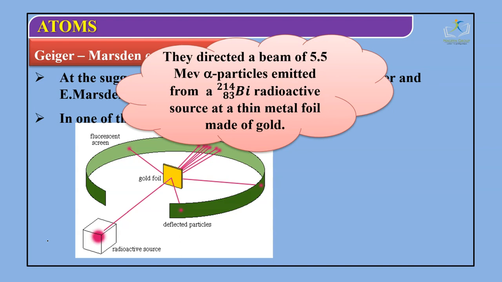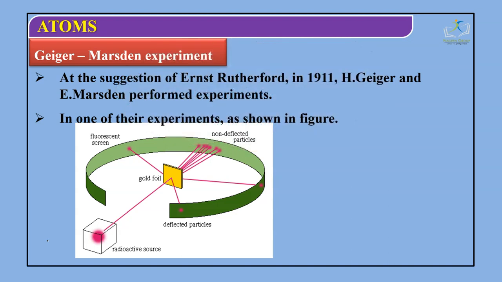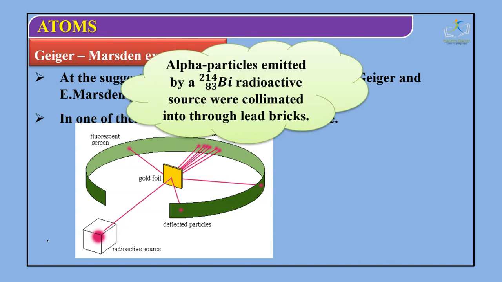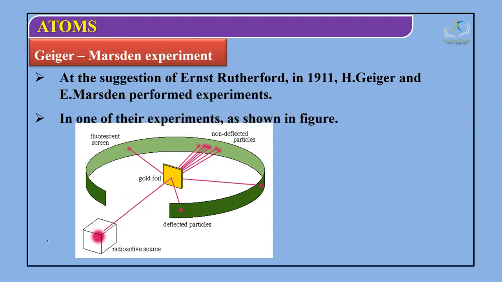They directed a beam of 5.5 MeV alpha particles emitted from a bismuth-214 radioactive source at a thin metal foil made of gold. The alpha particles were collimated through lead bricks.